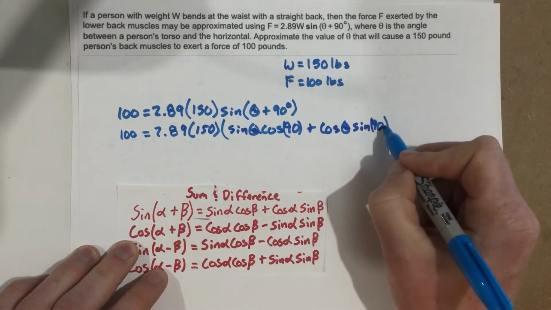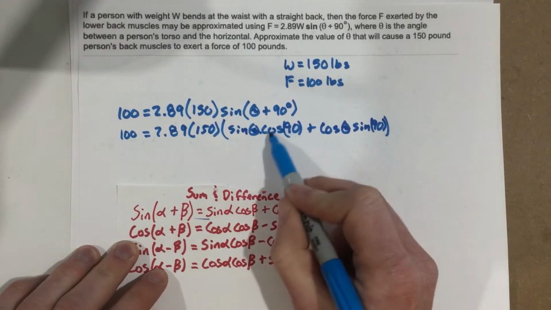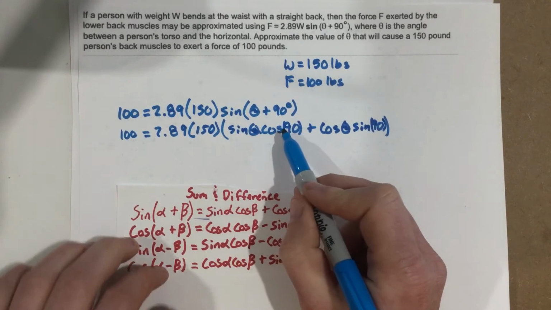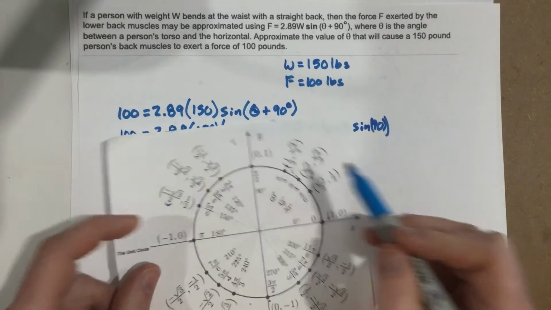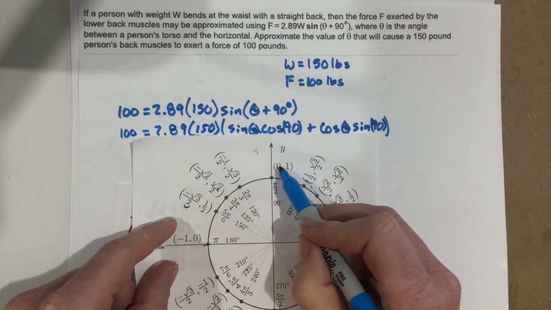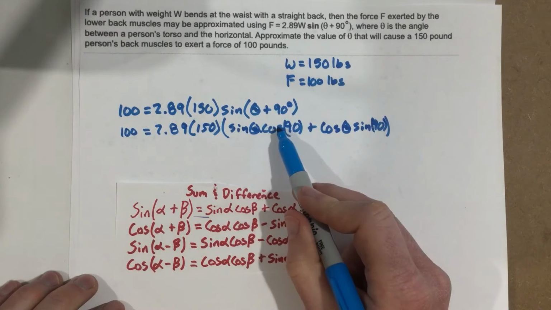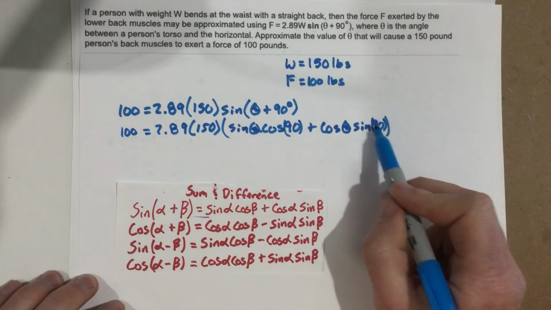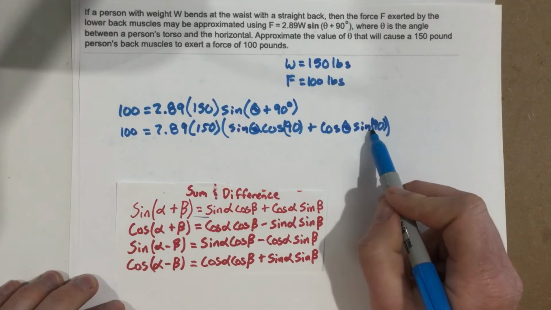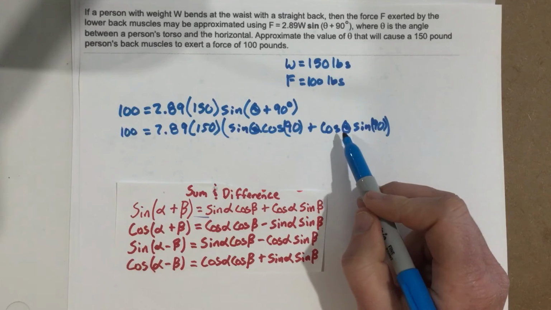Now if we look, we know that cosine 90 on the unit circle would be 0. So cosine 90 up here is 0, which cancels out this term. We know sine 90 on the unit circle is 1. So we end up with just cosine theta.